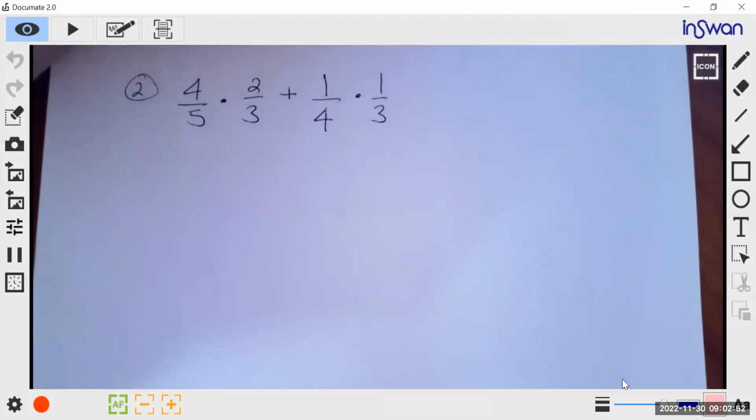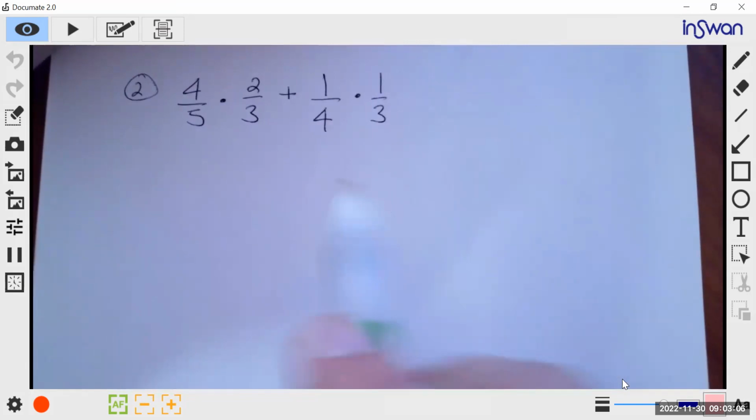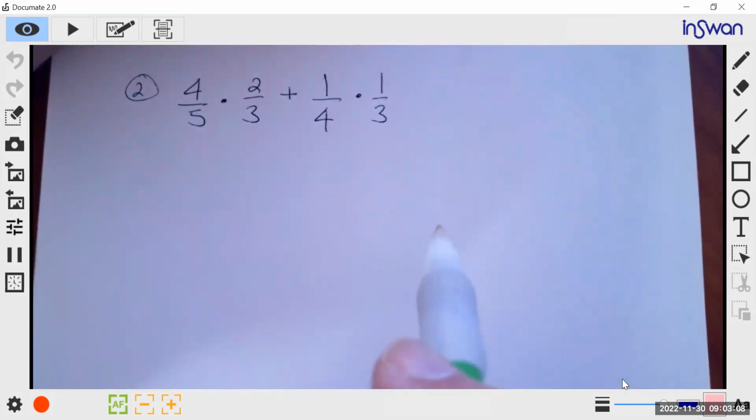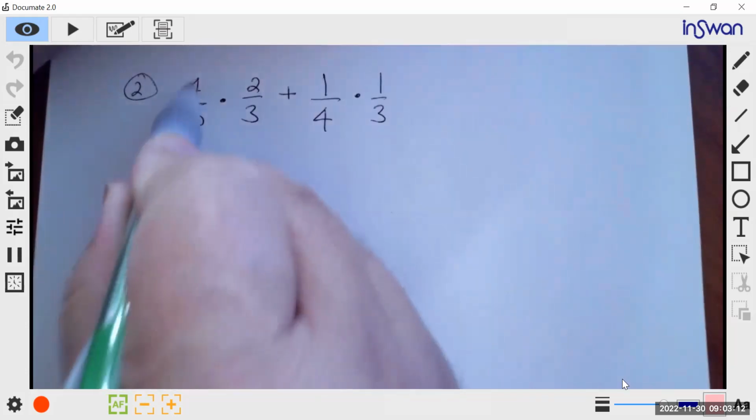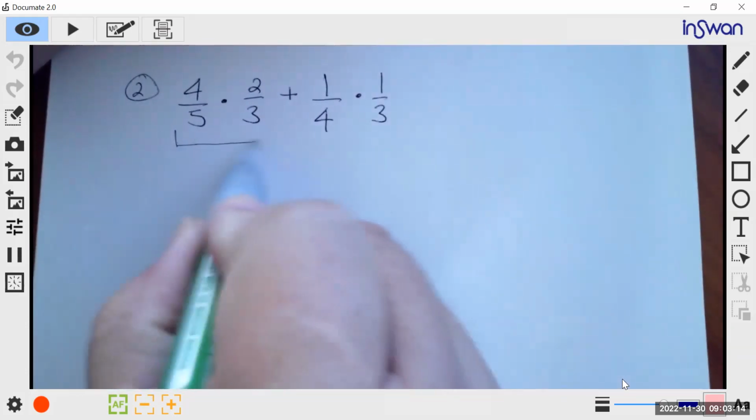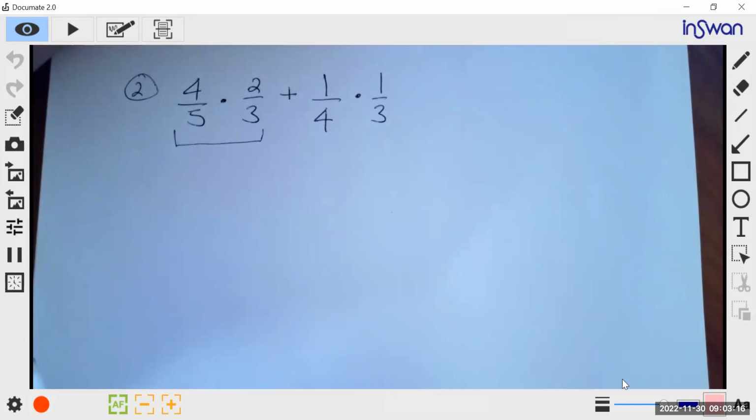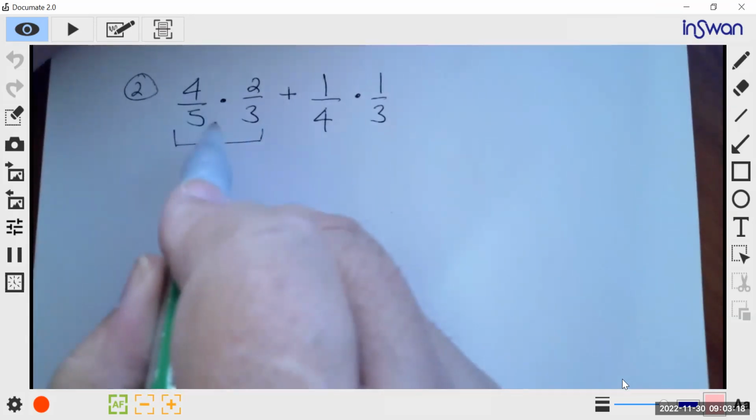So what do you do first here? We have to do order of operations. Are there any special operations here? Any parentheses, exponents? No. Any multiplication, division? Yes, everywhere. They're all division, but here's a multiplication. So we have to do that first.